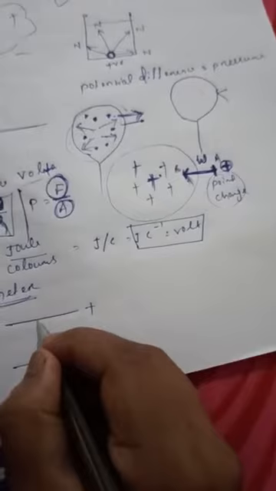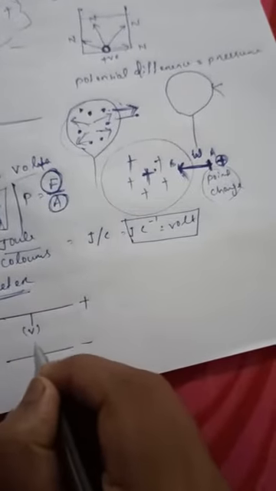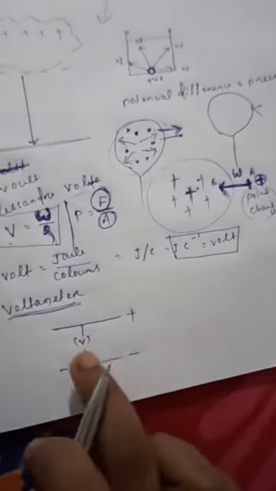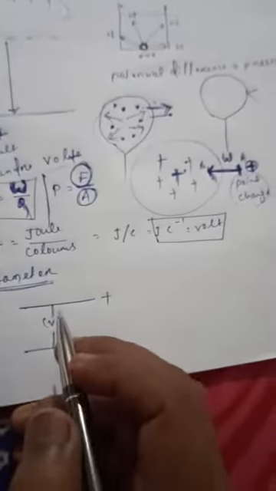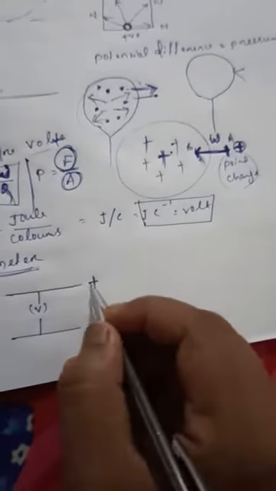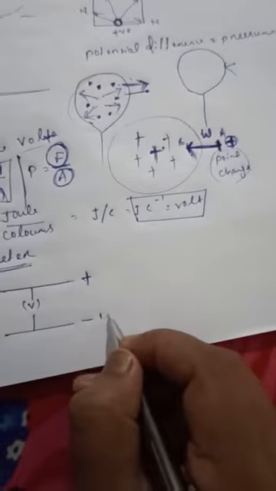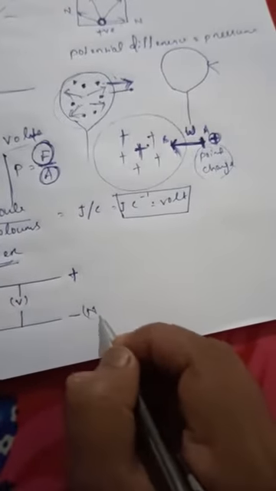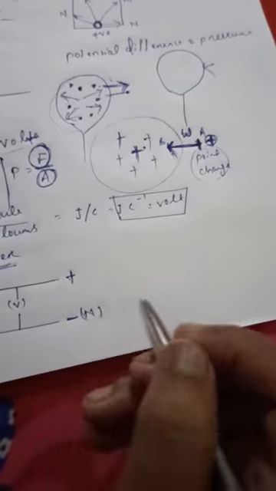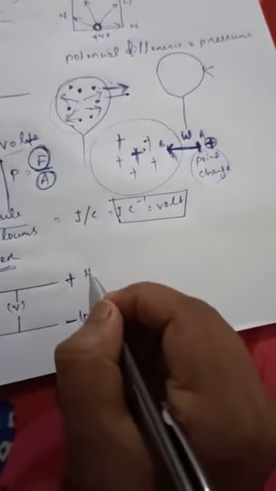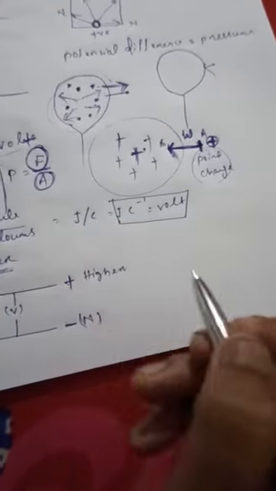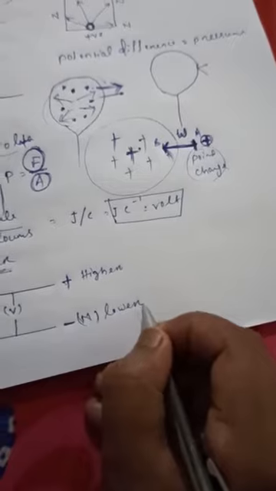A voltmeter is connected in this way. Why is it connected this way? Here we generally take it as neutral, so here is a higher concentration and here is the lower concentration.